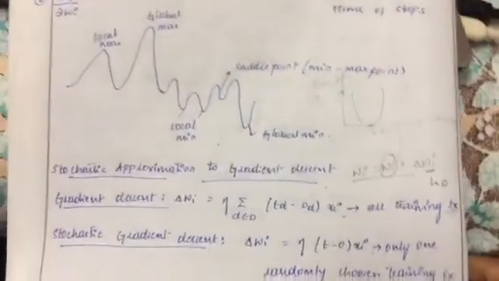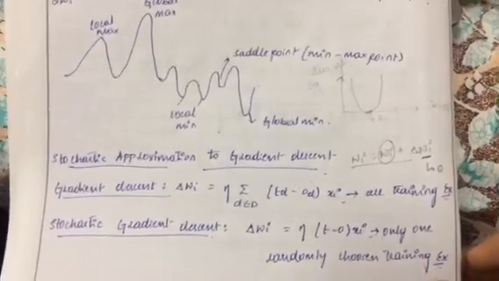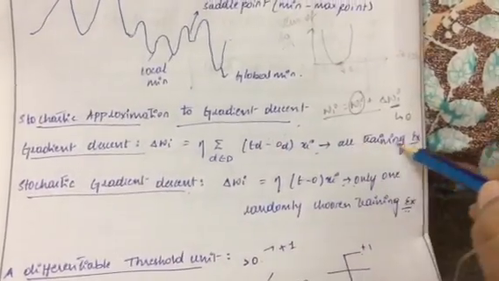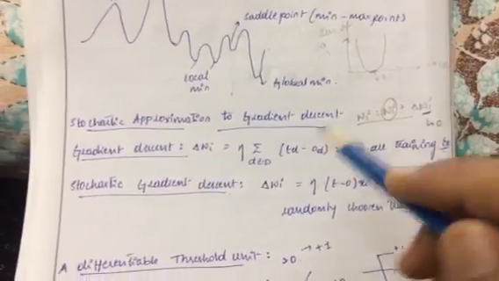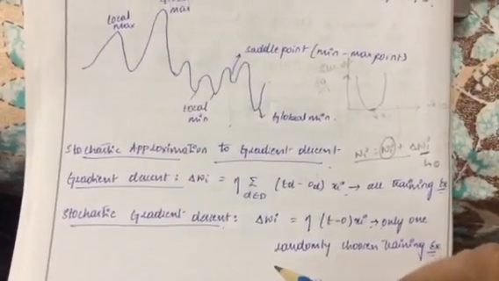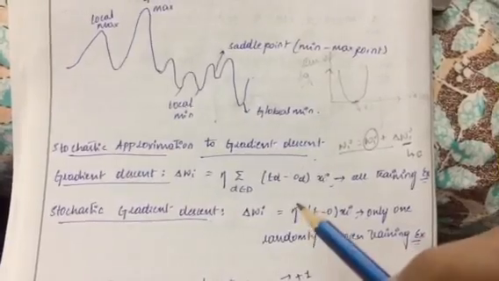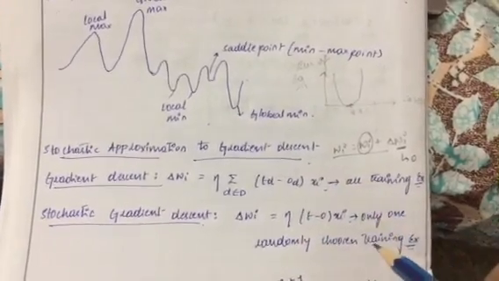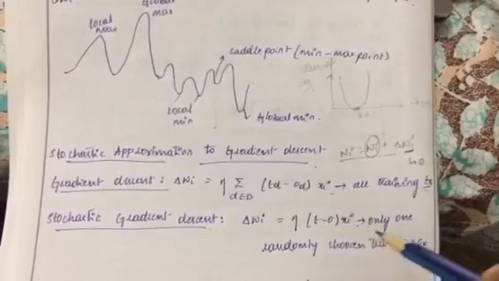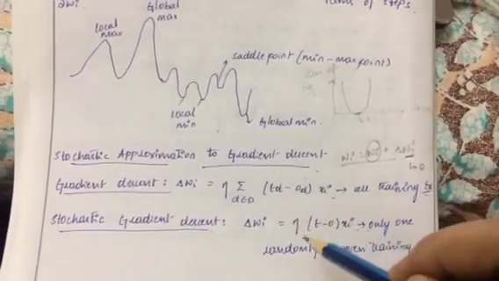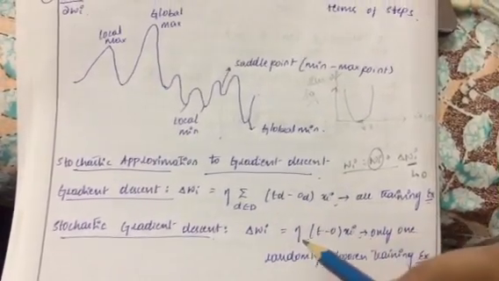So this is the gradient descent method, where you apply it for all the training examples. Whereas in stochastic gradient descent, we randomly choose a particular training example. That's why we don't have a summation here. Everything else remains the same.